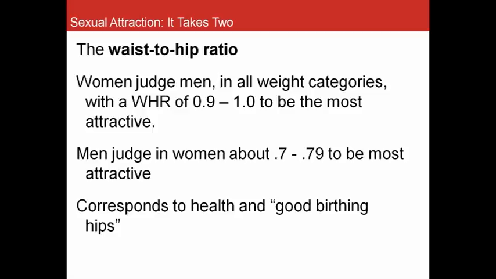Comparatively, men tend to want a woman at about 0.7, up to about 0.79, meaning that the waist should be about 70% of what the hips are. This is thought in both cases to correspond to health and, again, a good potential mate from an evolutionary adaptive perspective. You want, for example, a woman with good birthing hips.